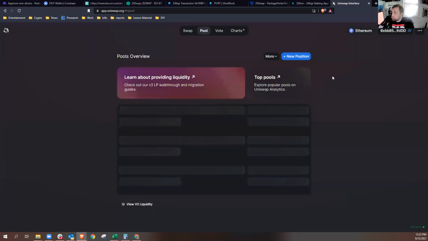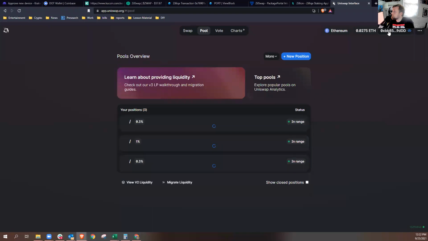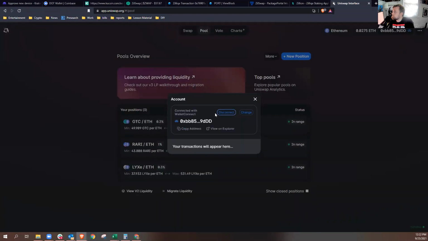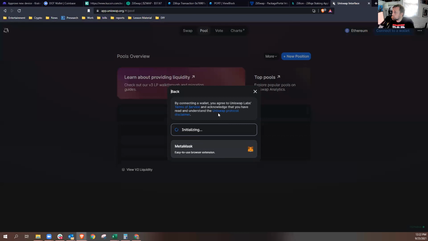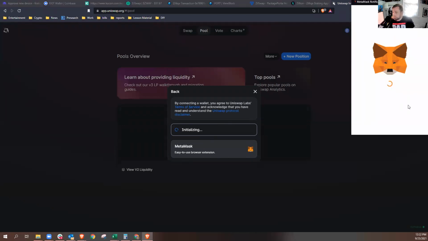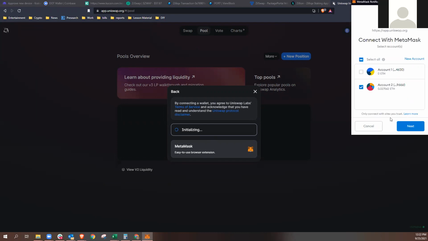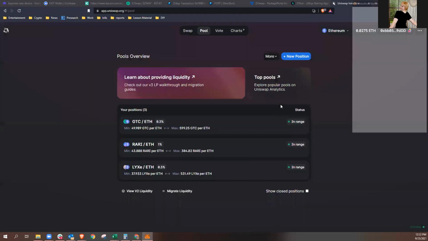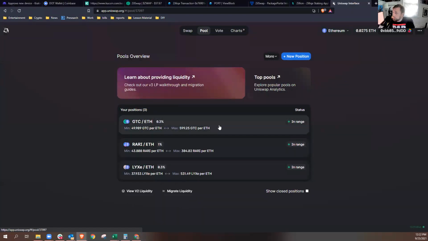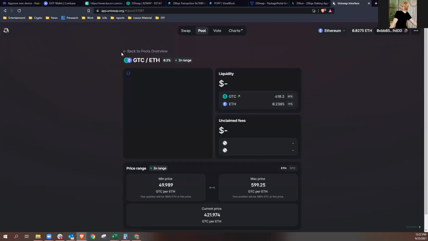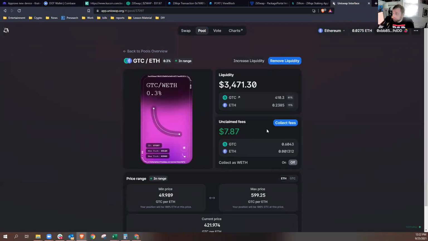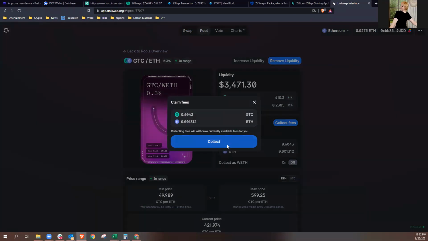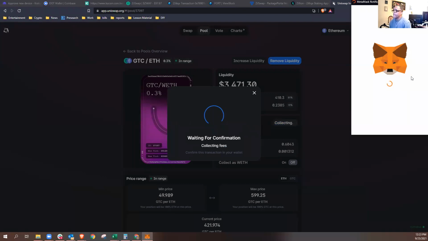So you have to connect the wallet. So I'm connecting my MetaMask wallet. And let's say I wanted to claim some passive income that I've received. I would hit collect fees, and then it would show up.